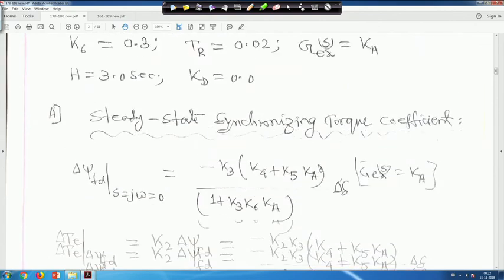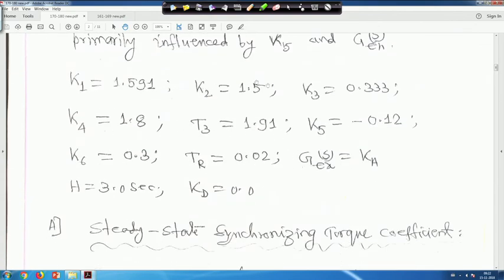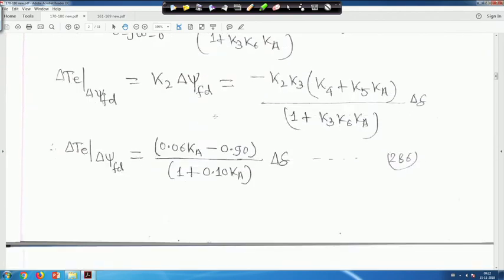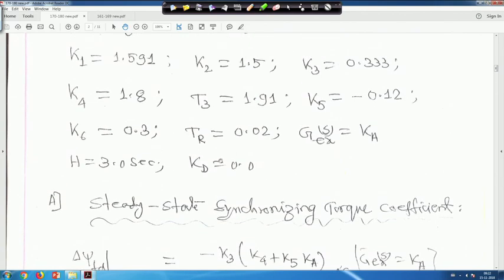Now, all these parameters are given, some parameters we have taken here. So what you do, all these available parameters you put in this equation, K2 value, K3 value, K4, K5 and K6. Ka we do not know, so we are not putting it, but in 1 plus K3 K6 Ka, because here if you look, Kd is given as 0 and Gx is equal to Ka, we will see the variation of Ka.